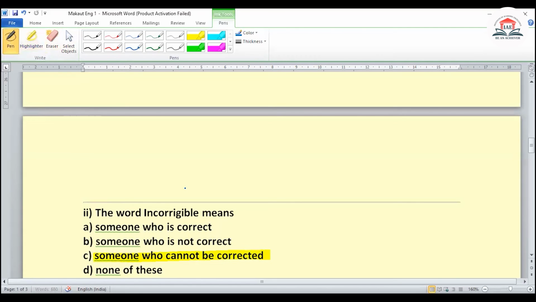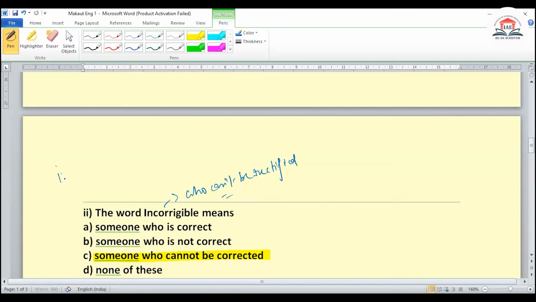In short, incorrigible is a person who can't be rectified. সংশোধনের অযোগ্য, which cannot be mended, which cannot be repaired, right? That is incorrigible. He is an incorrigible fool.